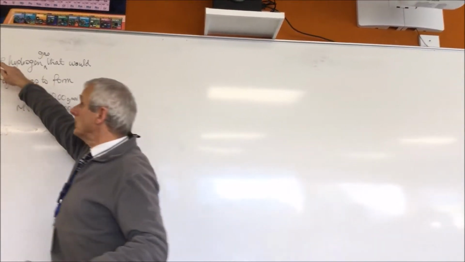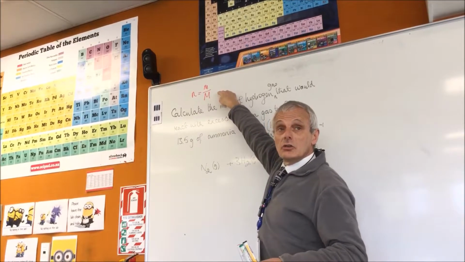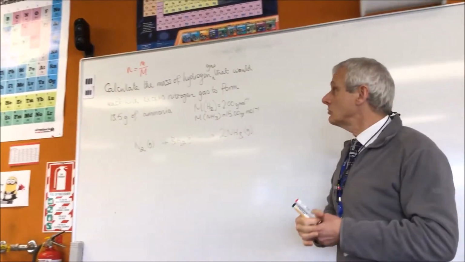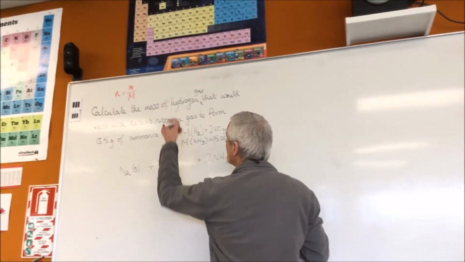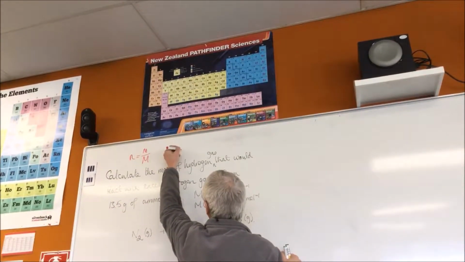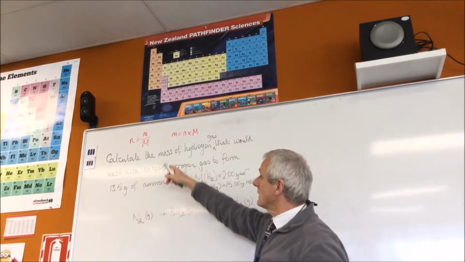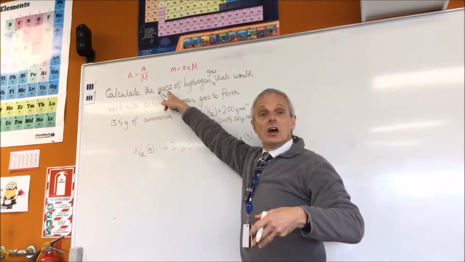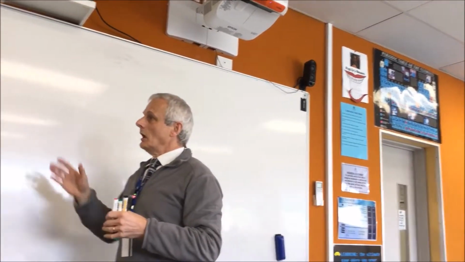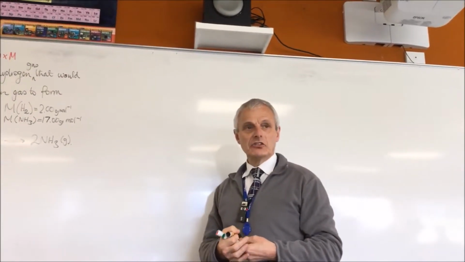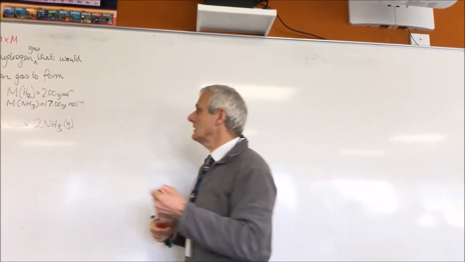And remember, you will be given this formula, so if you've forgotten it, it is given to you. I'd recommend you write that at the top of the paper along with its rearranged form, where you've got m equals n times M, because you're going to need it to calculate the mass of the unknown at the end. Everything you'll need is given to you, so it's a good idea to highlight the things that you have been given.